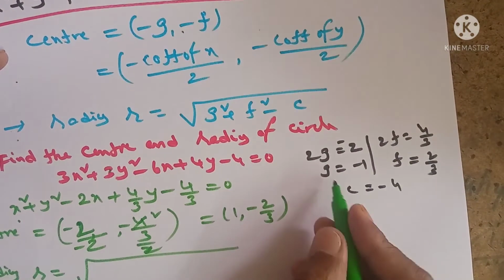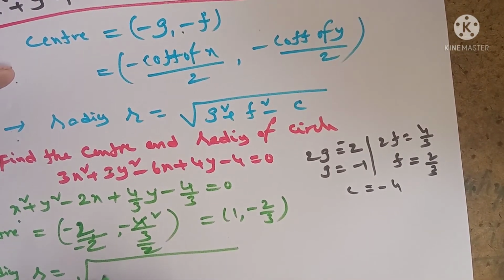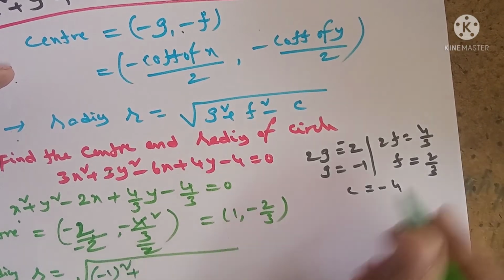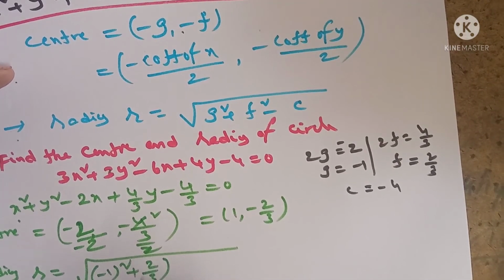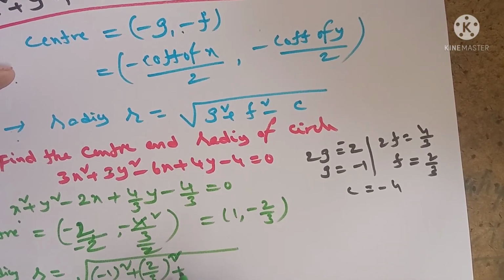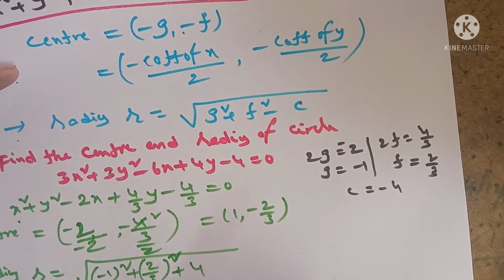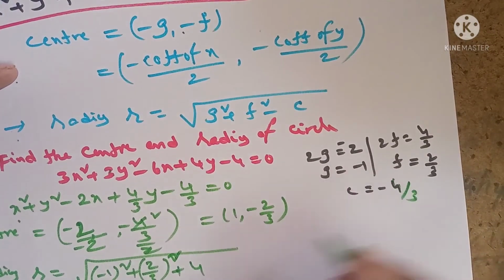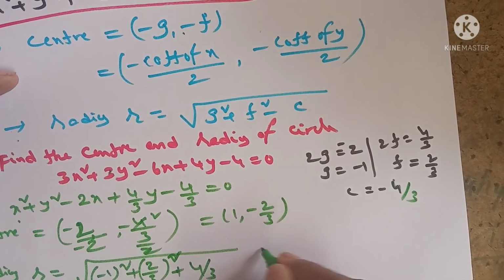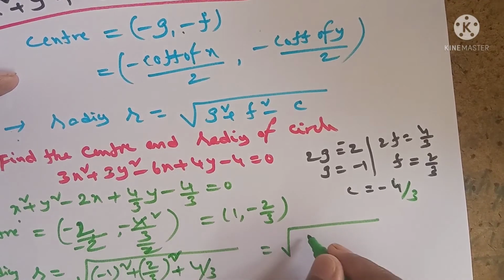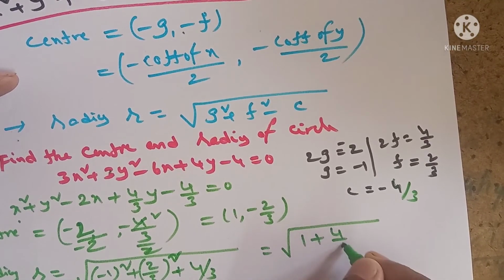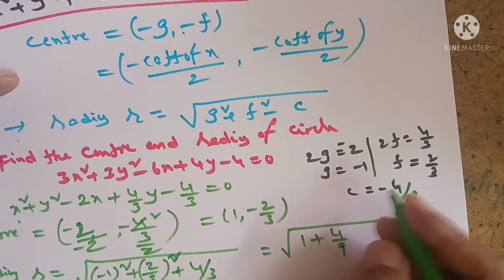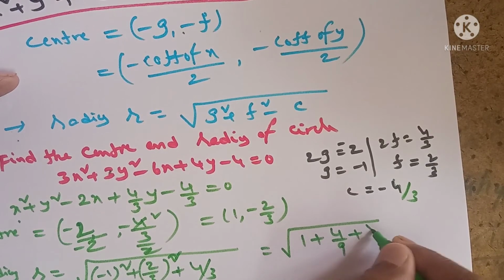Therefore g square, minus 1 square, f square, 2 by 3 whole square, minus c, minus of minus is plus 4 by 3. This is equal to under root of 1 plus 4 by 9 plus 4 by 3.